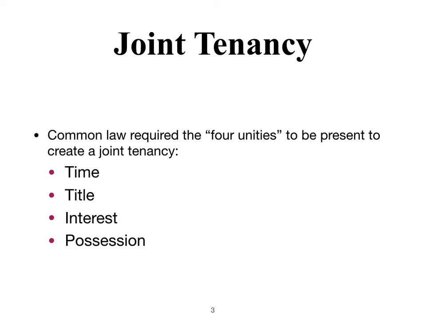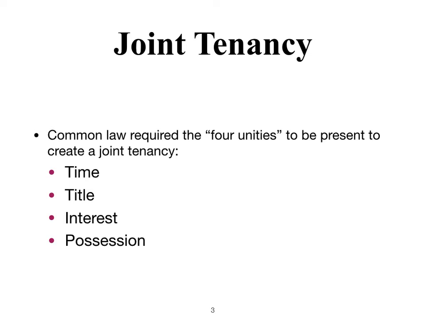If a joint tenant sells their share of the property, then you have broken the unity, right? Because another person is coming into possession of that property, but it's at a different time, in a different title, and so the unity has been broken. And so we say that the joint tenancy has been severed. And if it has been severed, then we have a tenancy in common.